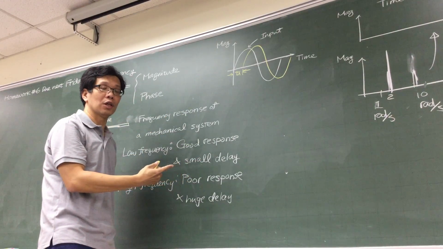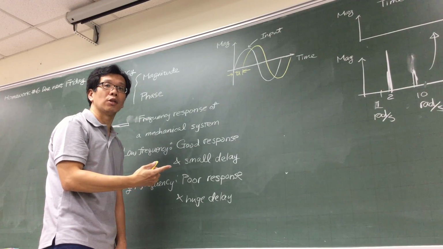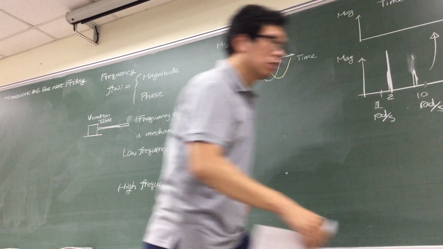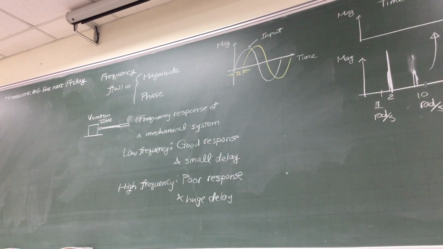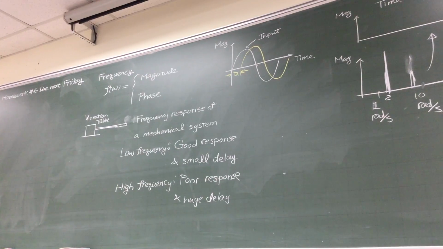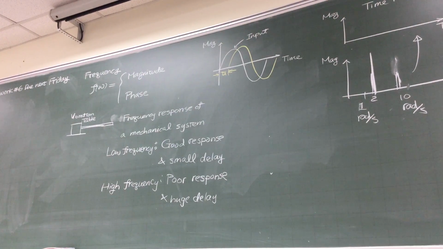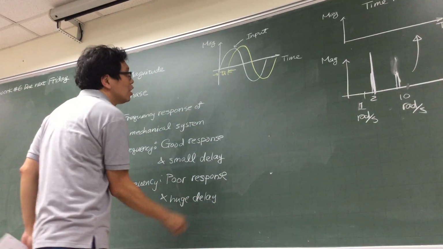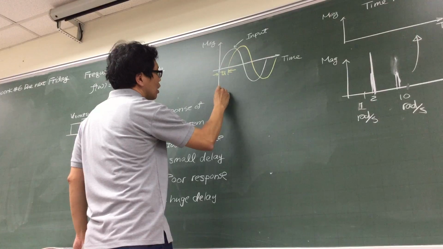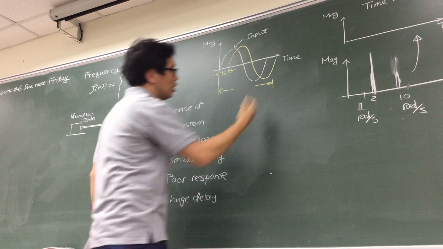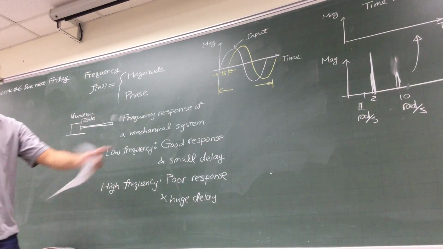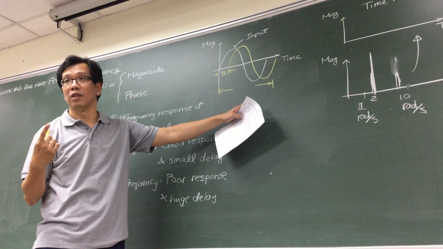This is called delay, and it's actually slower. But when we are talking about frequency response, we are not talking about delay. Okay, so when we are talking about a cycle, how do we define a cycle in terms of rotation?